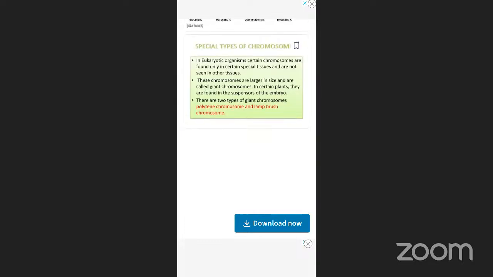The morphology includes chromatids, chromonemata, and chromomeres. What are chromomeres? These are deeply stained bead-like structures present along the length of the chromosomes. They are visible in the interphase of the chromosomes, and also packed in chromosomes in meiosis.